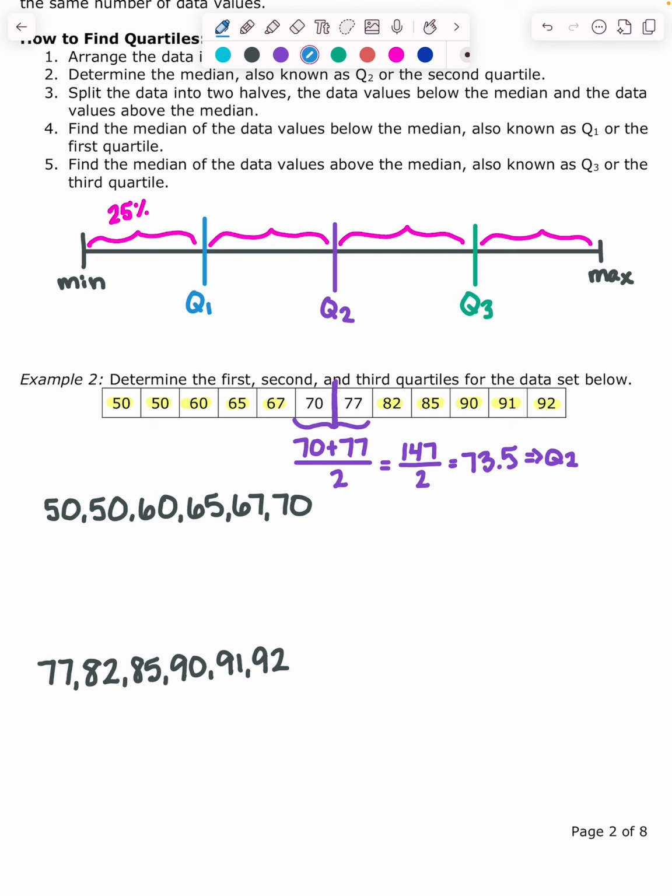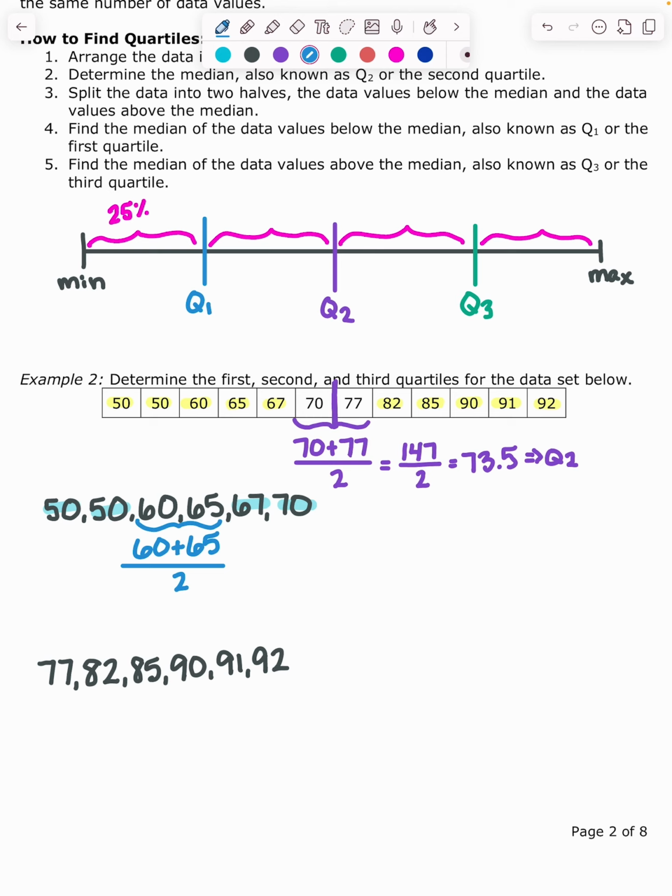So working on my numbers below, I have 50 and 70 and 50 and 67. And then I get to the median and I have 60 and 65. So 60 plus 65 divided by 2.